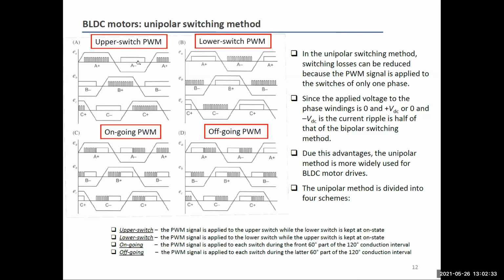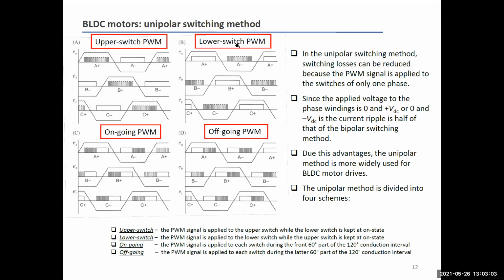So this is the reverse of the situation I discussed with you before. Now the switch which is always closed is T4, but I apply pulse width modulation to transistor T5. Or you can have lower switch pulse width modulation, in which the same operating mode, A minus C plus, operates in the way I showed you before. I apply the pulse width modulation to T4 and I keep T5 closed. So this lower switch pulse width modulation is exactly the operating mode I showed you graphically before.